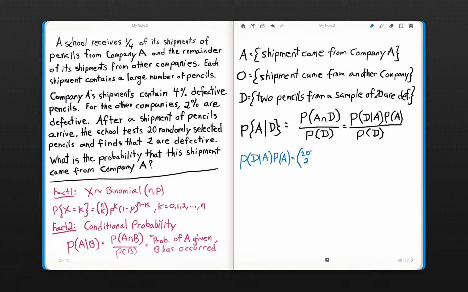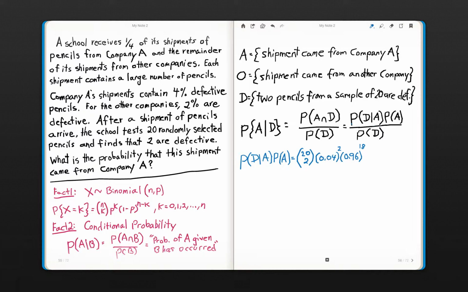We'd like to observe exactly 2 defective, and since it's coming from company A, we notice that they're actually 4% defective. So this would be 4% raised to the power 2 times the complement, 0.96 to the 18th power. And so this takes care of probability D given A.